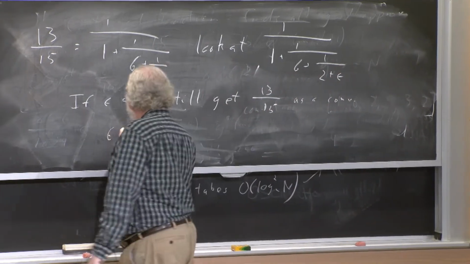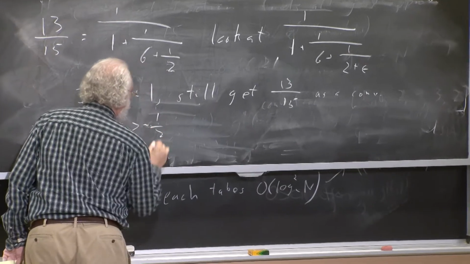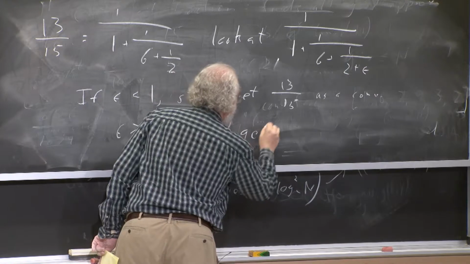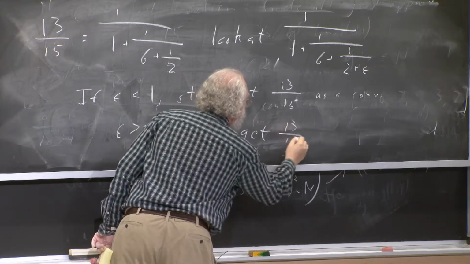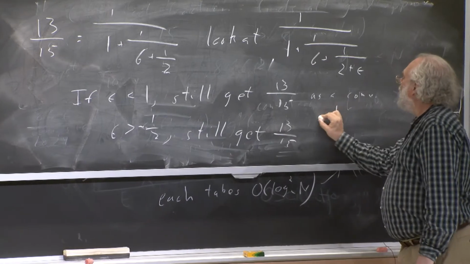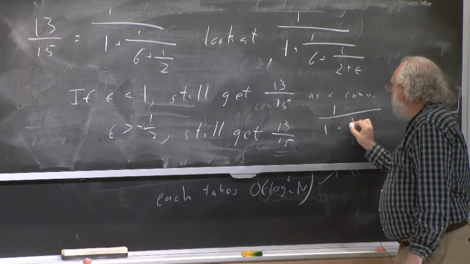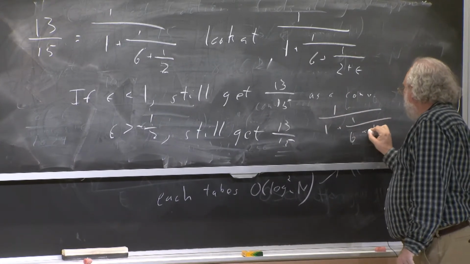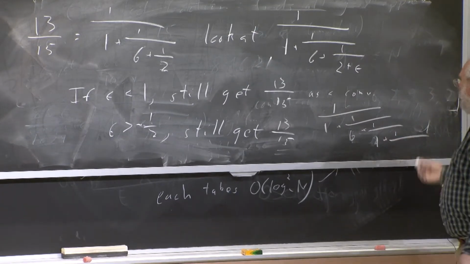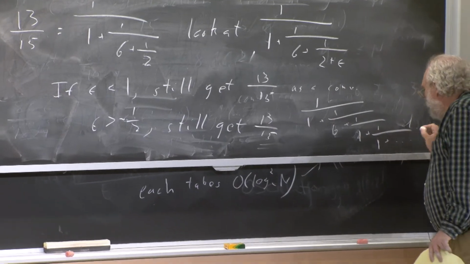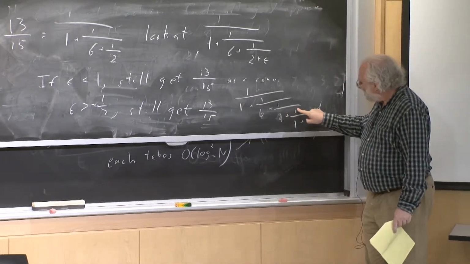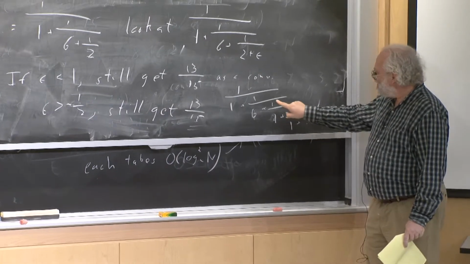And if epsilon is bigger than minus a half, you still get 13/15. Why is that? Well, if epsilon is bigger than minus a half, you get 1 over 6 plus 1 over 2 over 1 plus 1 over 1 plus ... And 1 plus 1 over 1 is just equal to 1 over 2.